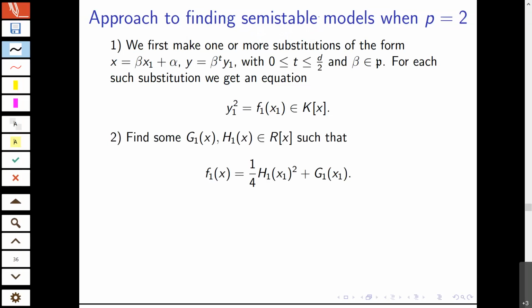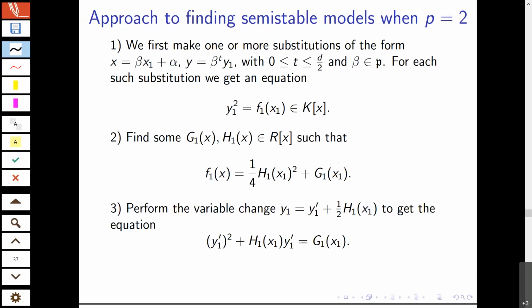This was touched on, I think, in Arvin's talk, the approximation by the square of a polynomial, where you can decompose your polynomial like this. Then you perform a simple variable change on y, and now instead of something squared equals a polynomial in the other variable, you get this linear term in the y variable as well. This allows us to get away from the case where we're forced to have a cusp reduction.